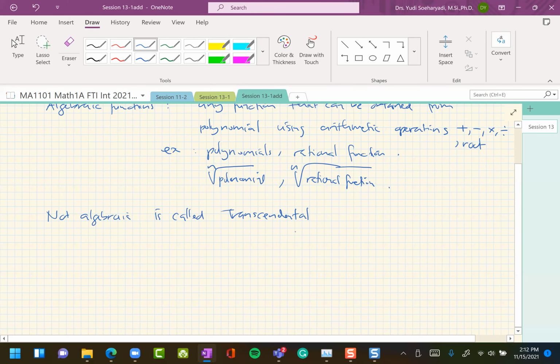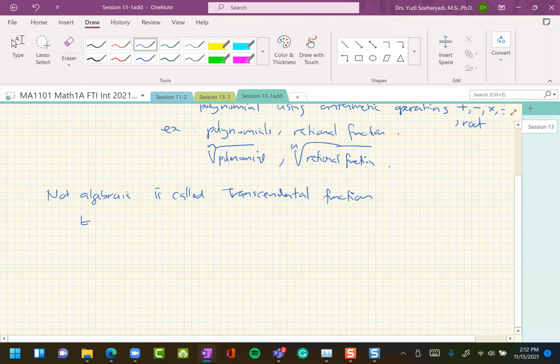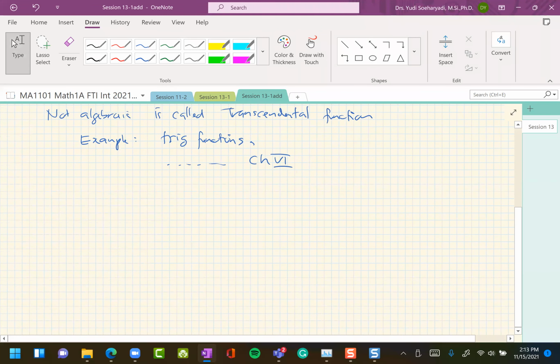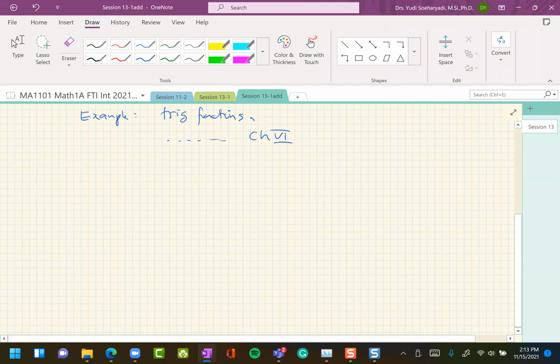The easiest example of transcendental functions that we know is the trig functions, and then something that we discuss in this chapter. So let's start with the natural log function.